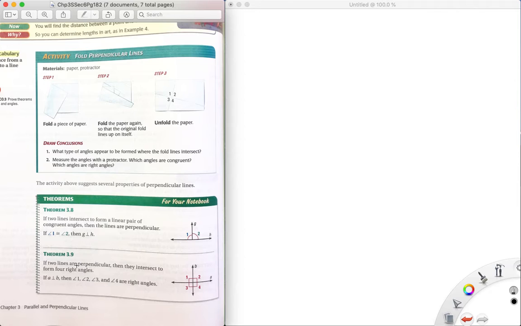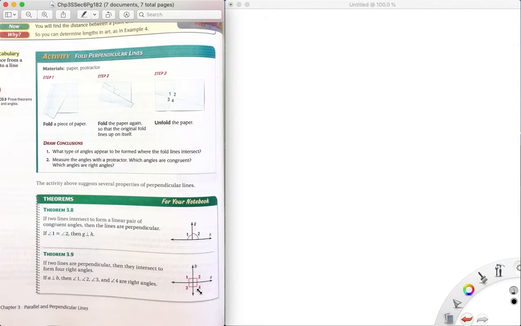Theorem 3.9. If two lines are perpendicular, then they intersect to form 4 right angles. They tell me that these two lines are perpendicular. Here's the conditional. If A is perpendicular to B, then angle 1, angle 2, 3, and 4 are right angles.